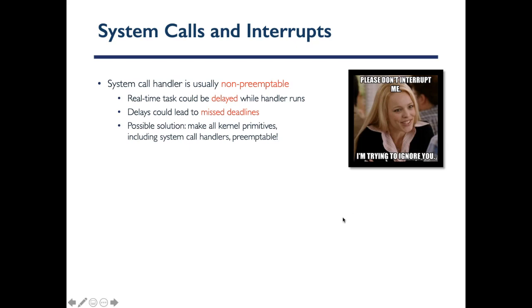Okay. So now, going back to the system calls and what we were discussing, this way of dealing with system calls is fine with general purpose operating systems where we don't have any deadlines. But if you actually have a real-time system with deadlines, then that could potentially cause problems. Let's say your task calls a system call, and let's say for whatever reason that system call takes some time.